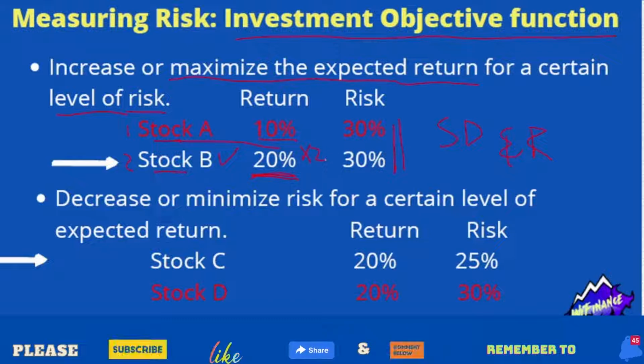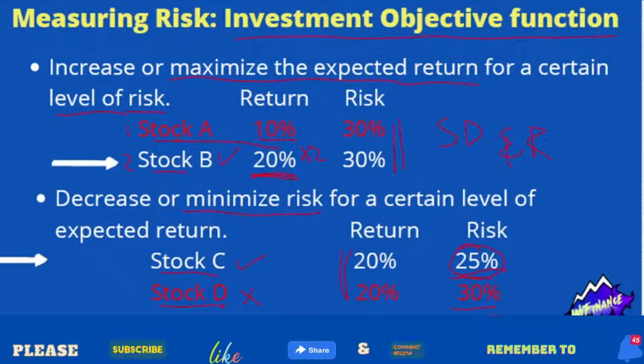Alternatively, the objective function can also be expressed by minimizing your investment risk. In this example, given that stock C and stock D have the same expected return of 20%, you do want to choose stock C because it promises to expose you to a lower risk, here a risk level of 25% compared to stock D at a 30% level of risk.